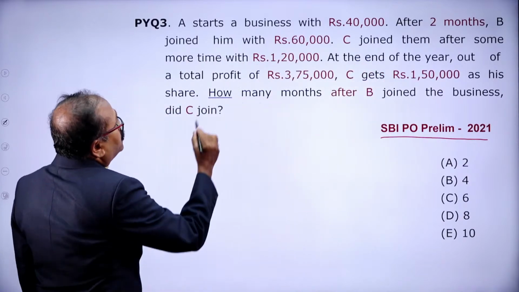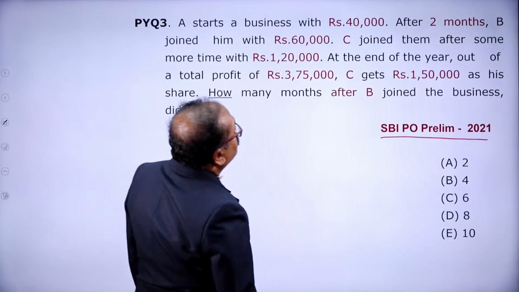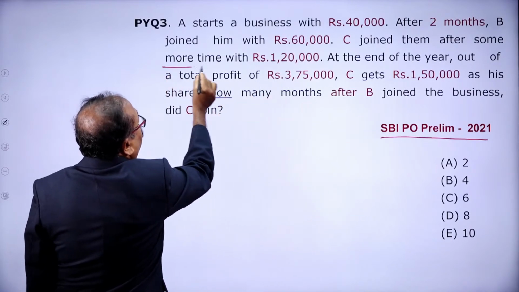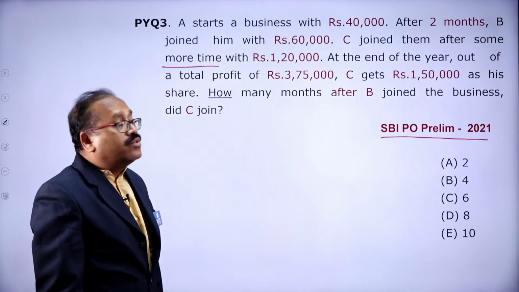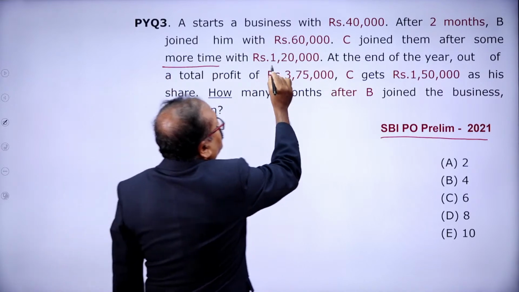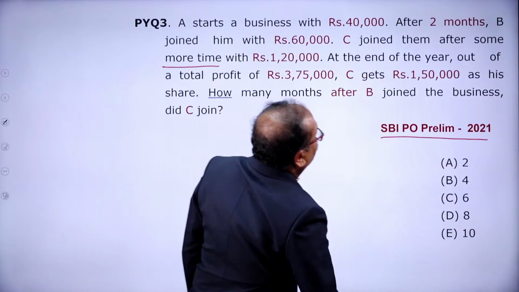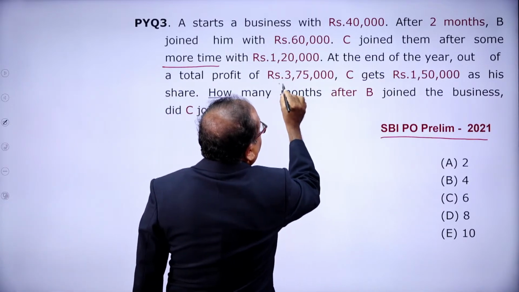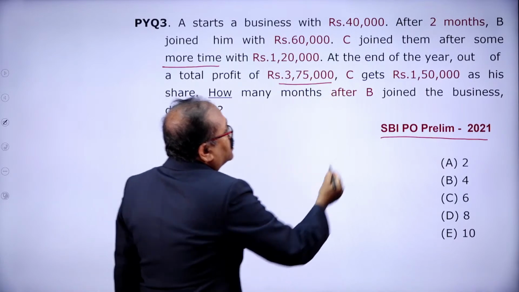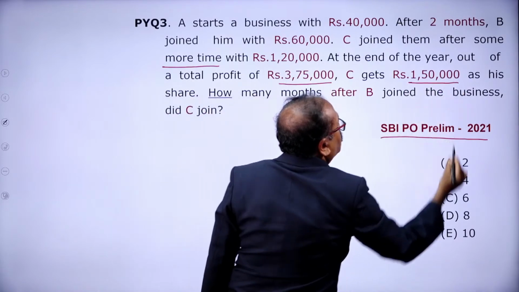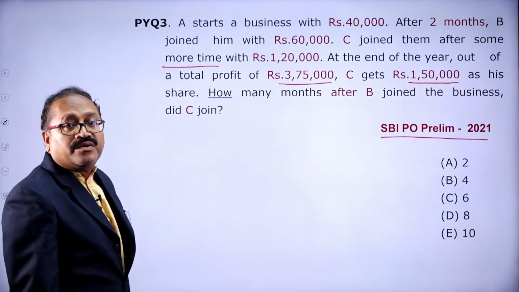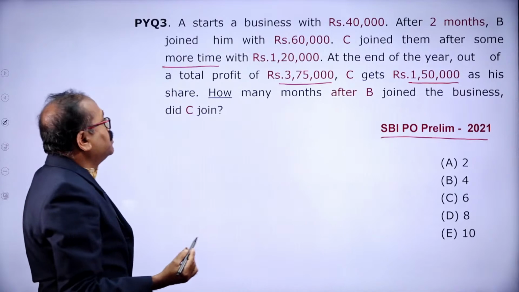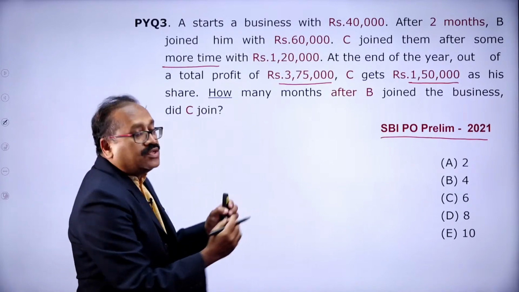After 2 months, B joined him with 60,000. C joined them after some more time with rupees 1,20,000. At the end of the year, out of the total profit of rupees 3,75,000, C got 1,50,000 as his share. How many months after B joined the business did C join?